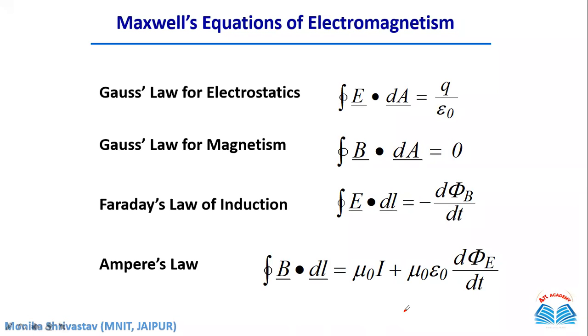So these are our four Maxwell's equations of electromagnetism. And we know how this fourth equation is coming now. We have done a small derivation also. So Maxwell did this very precisely, and he was appreciated.